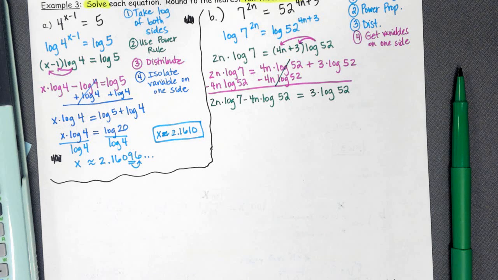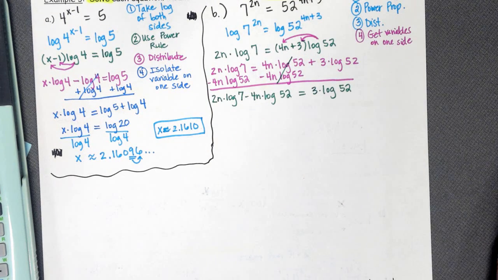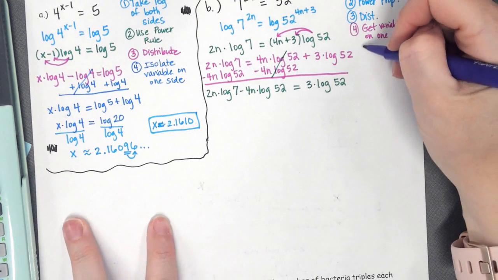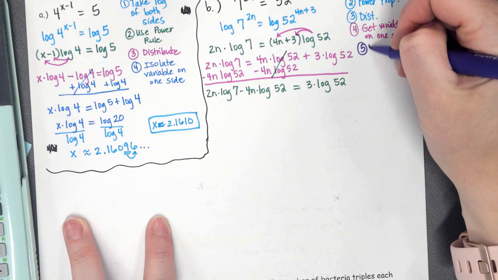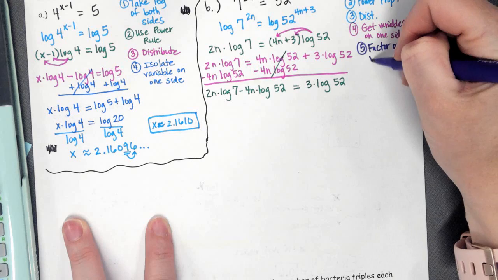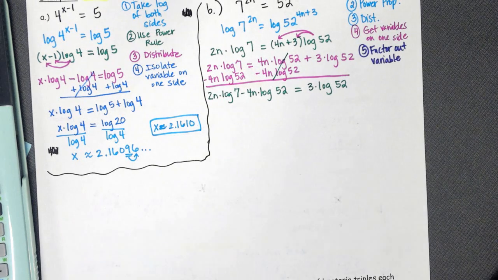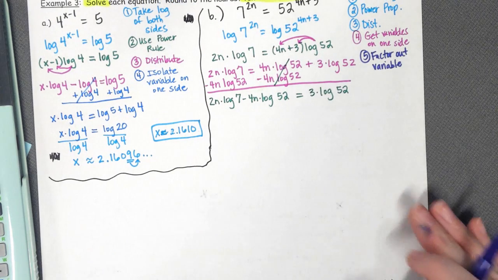Once you have everything on one side, because you have two variables, what you're going to do is factor out the variable. When you factor out the variable, it's the same thing as factoring out a GCF, which is the same thing as the distributive property in reverse.